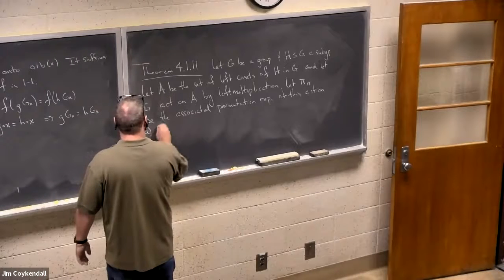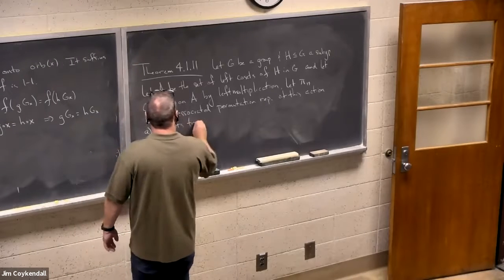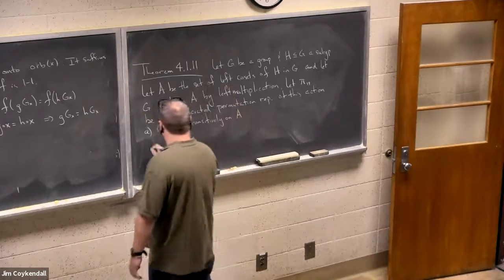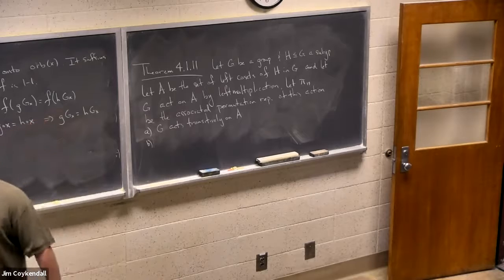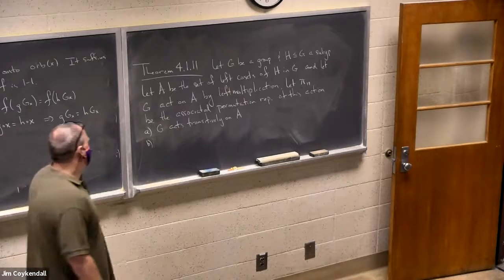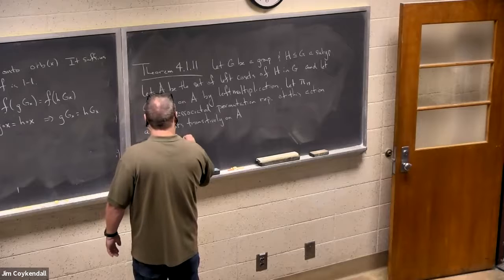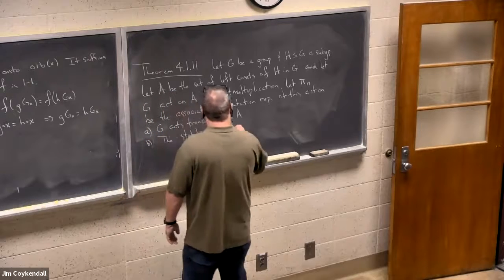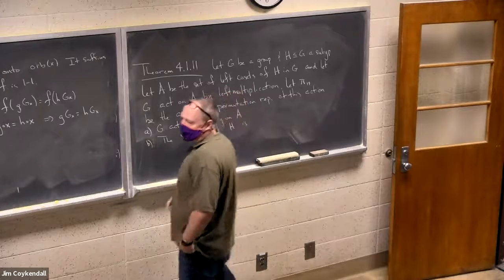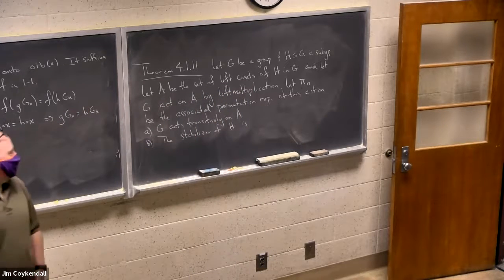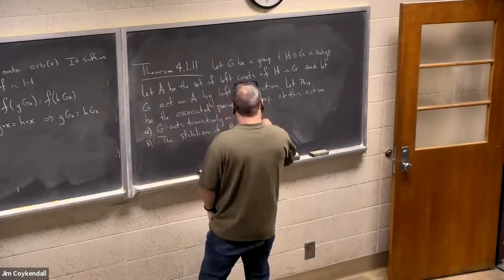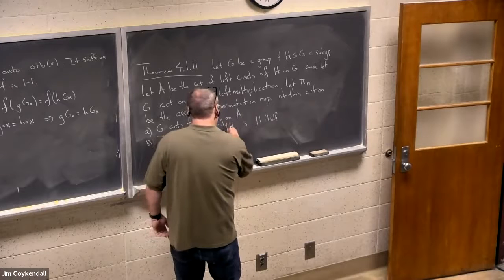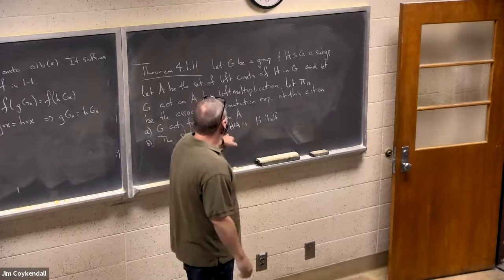Number A, G acts transitively on the set of these cosets. Number B, the stabilizer of the coset H is H itself. So what I'm saying is, let me put one H here. So this is a coset.